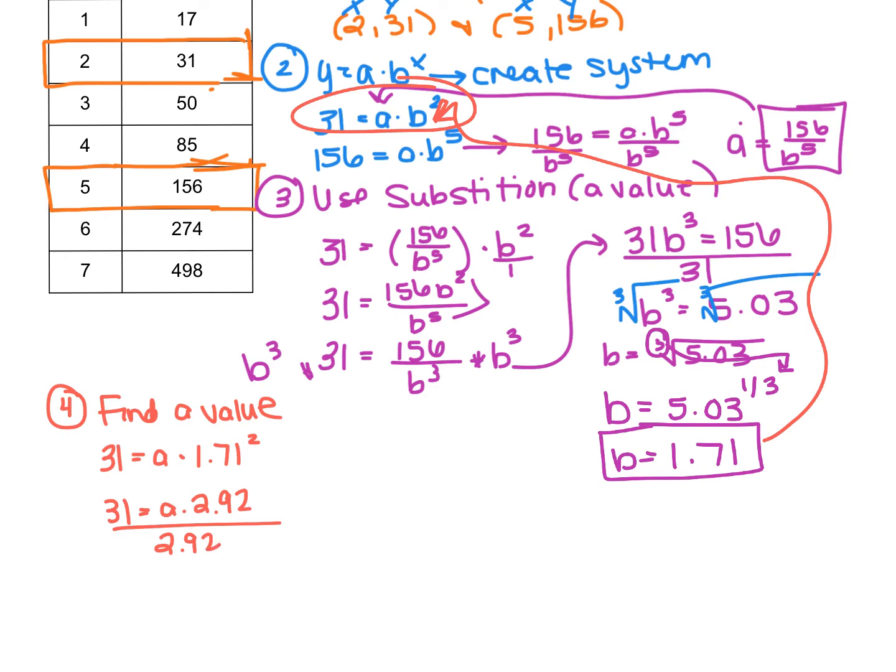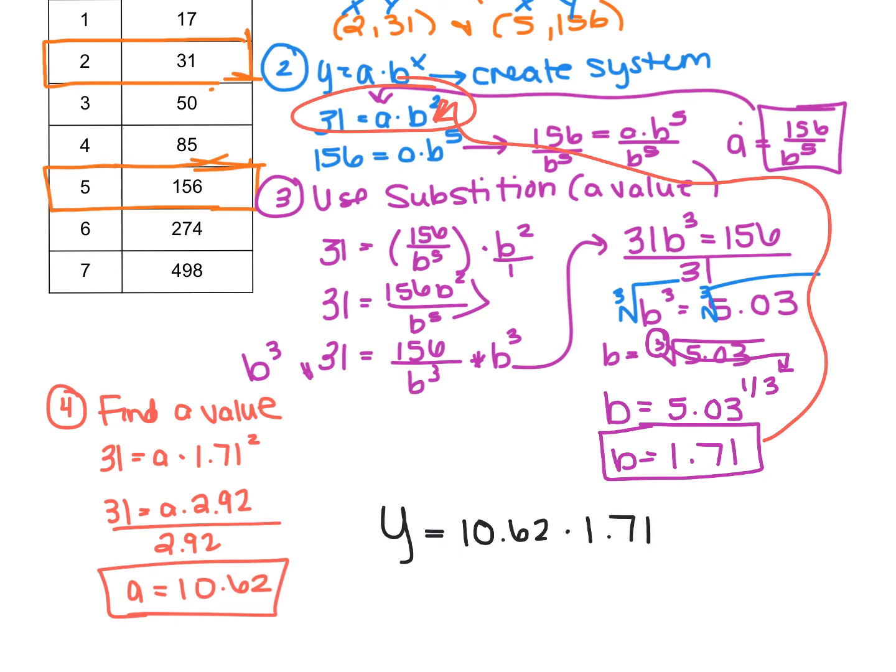And we end up with an a value that is approximately 10.62. So we now have our a value and our b value, so we can finally write our final equation of y is equal to 10.62 times 1.71 to the power of x.